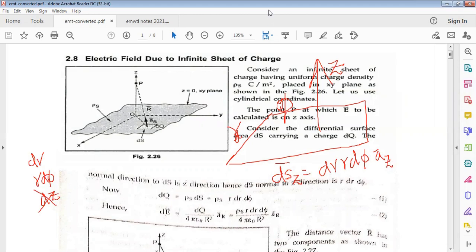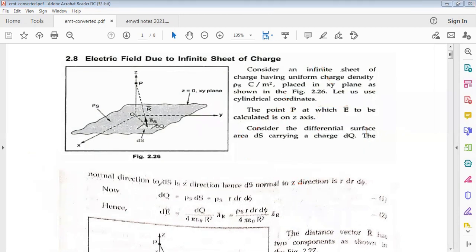Got it? So now the normal direction to the ds is the z direction, hence the differential surface area normal to z direction is r dr d phi along the z direction, a z bar. Only taking the magnitude here.